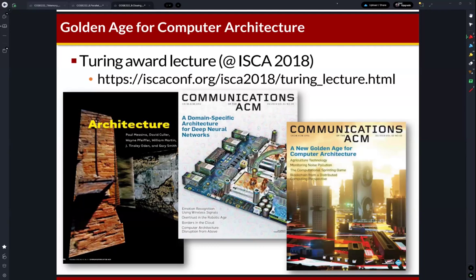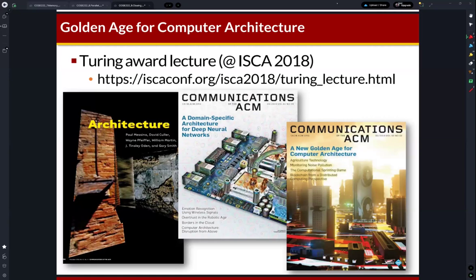In this lecture, the Turing Award recipients are David Patterson and John Hennessy, the authors of our textbook, right? These legendary figures in the computer architecture field explained the history of RISC CPUs and some trends in computer architecture research.